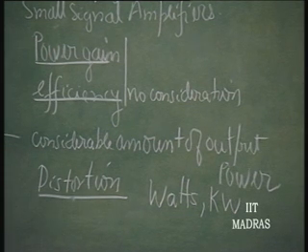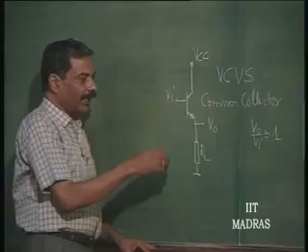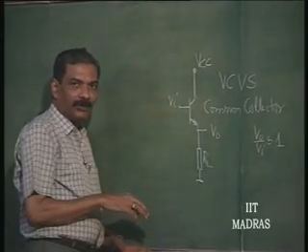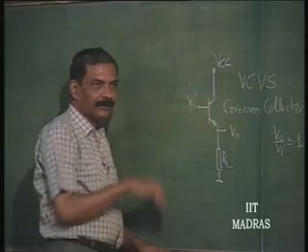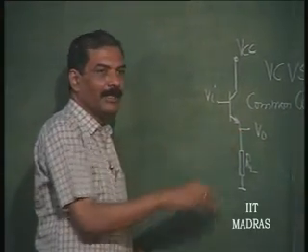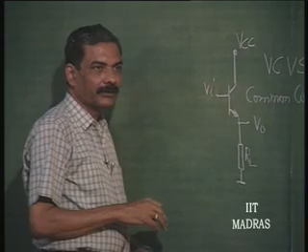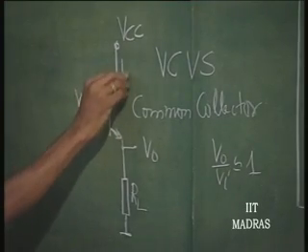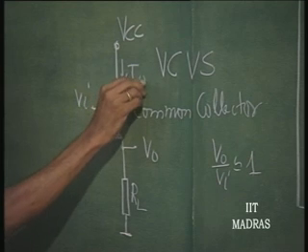Now, we say that in order to make this operate for signal which is going both positive and negative AC signal, we have to operate it at a quiescent point. So, we know that this is having some I quiescent.